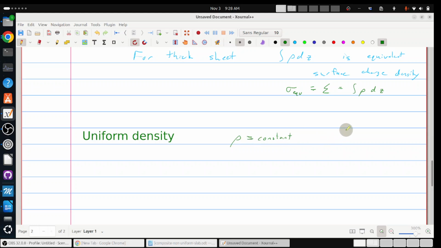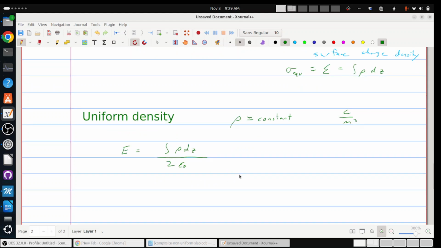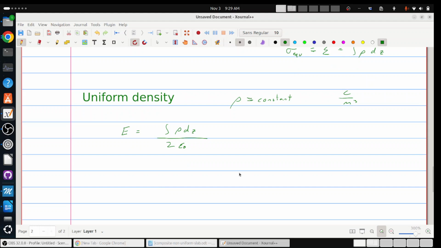It's going to have some units of coulombs per meter cubed, and it's just going to be a value. Well, for this, I need to then do the integral.